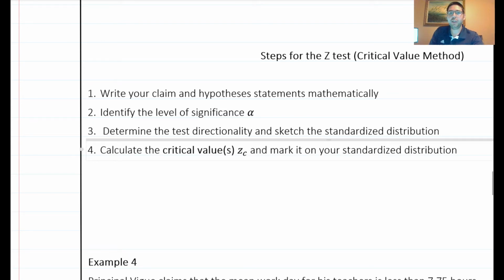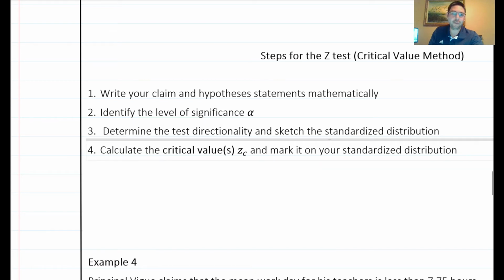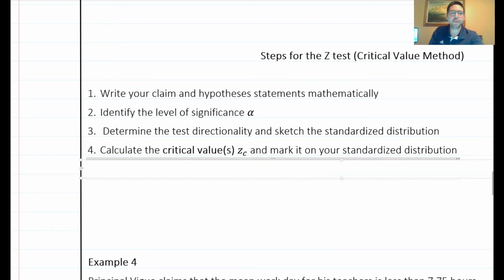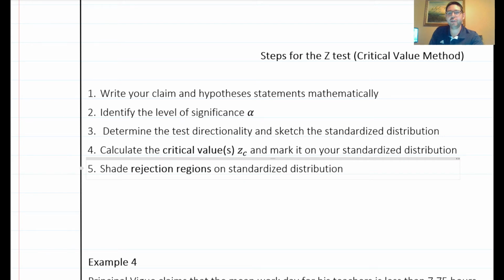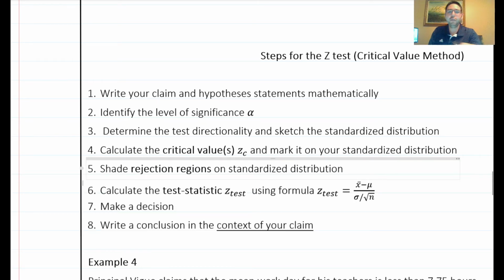Step 4, though, is now you're going to compute, instead of computing the test value, the critical value, ZC, and then mark it on your distribution. So you have to do that first. Find your critical values using your alpha, and then you shade your rejection regions. And then you compute your test statistic using the formula, make a decision, and then write a conclusion. So slightly different steps. In fact, there's one extra step. There are 8 steps here, 7 steps in the other one. But essentially, they're pretty similar.